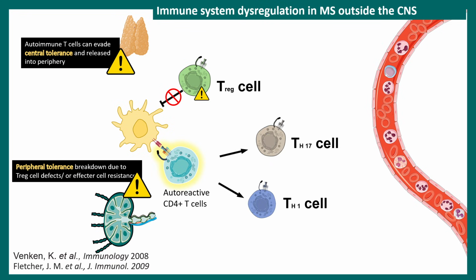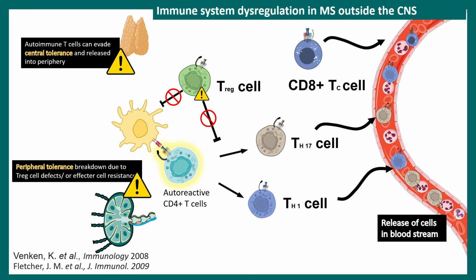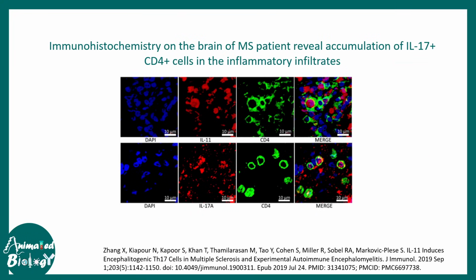Ultimately, the outcome is increased production of Th17 and Th1 cells, which infiltrate the brain eventually. And these cells can cause several problems inside the brain. However, there is new research which shows that IL-17 secreting Th17 cells are highly associated with the multiple sclerosis patient brain.